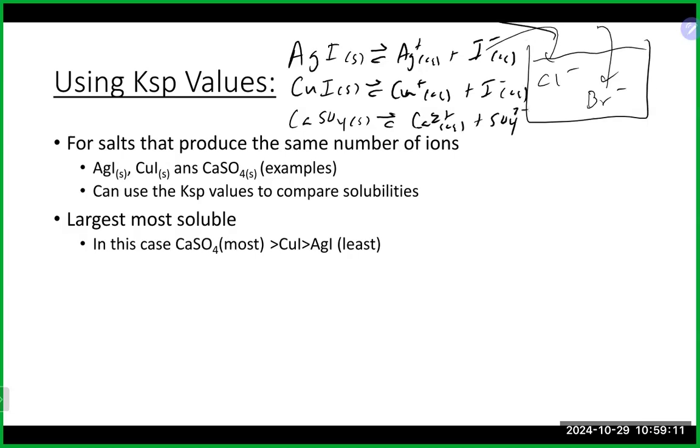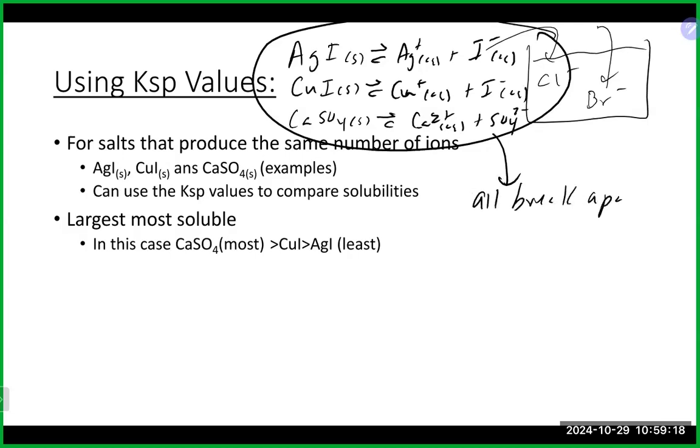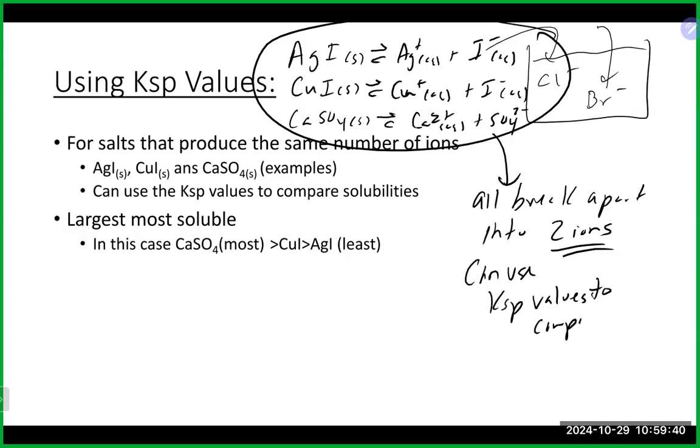Now, when we compare how each of these break apart, they all break apart into 2 ions. So they all break apart basically into the same 2 ions, which means essentially you'll be doing the same math for all of them if you were going to calculate the solubility of it. And that means that you can use the KSP values to compare solubility.